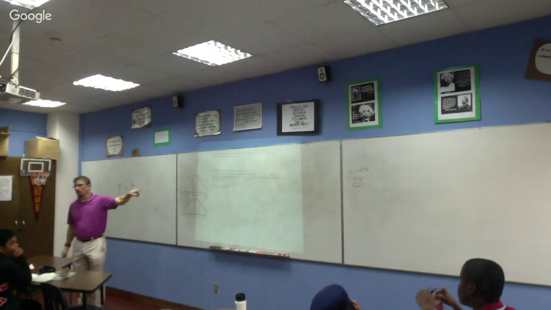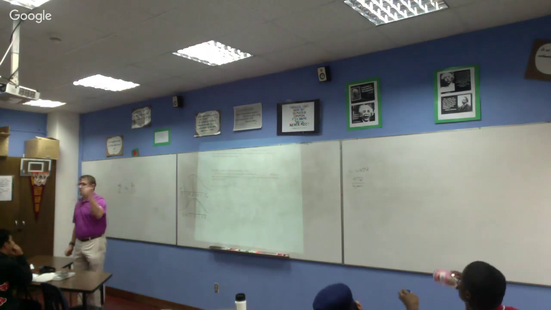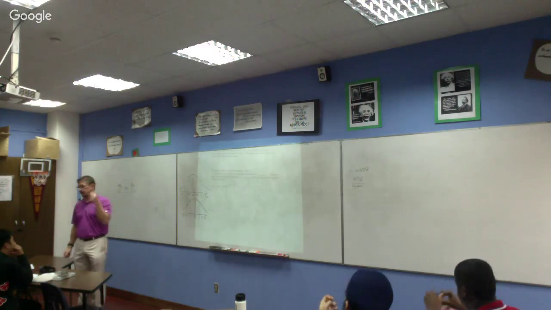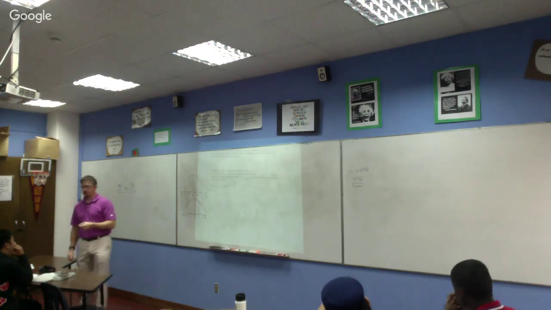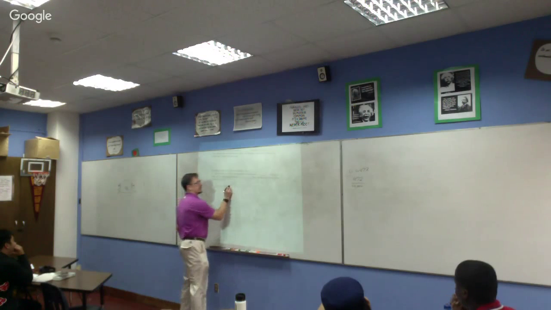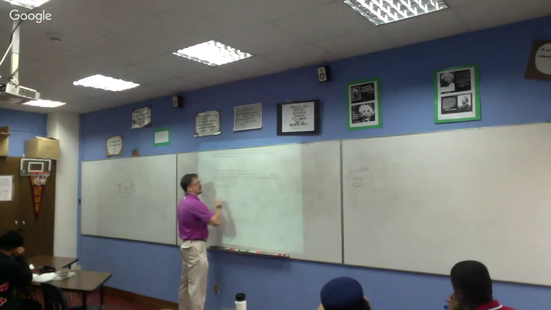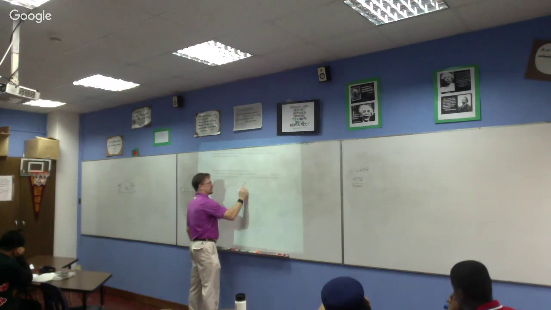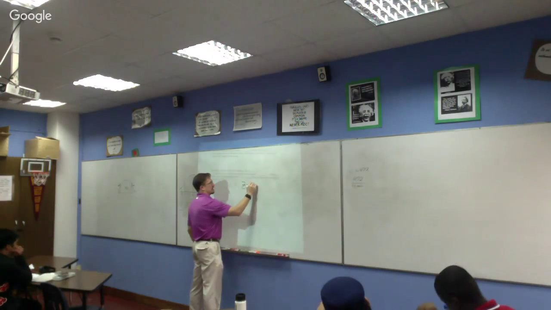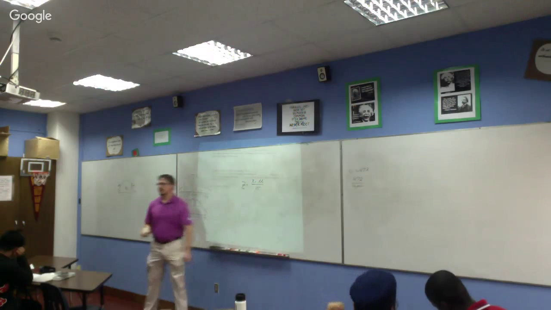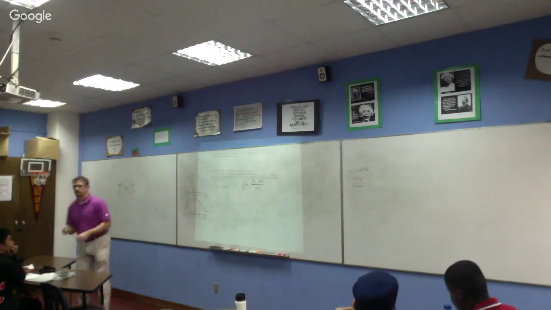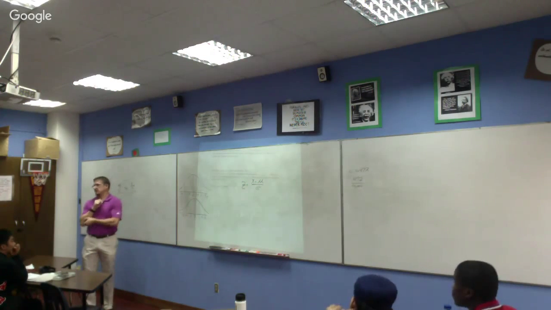So what this says is to get a z-score, and this is extremely important because this question will come on your test, write this a little bit bigger so you can see it. The z-score is obtained by taking the x value minus the mean and dividing that by the standard deviation. The old standard deviation, not the standard deviation of 1.